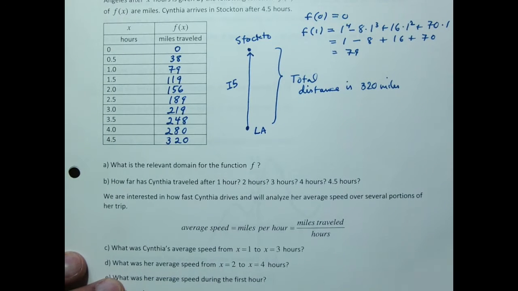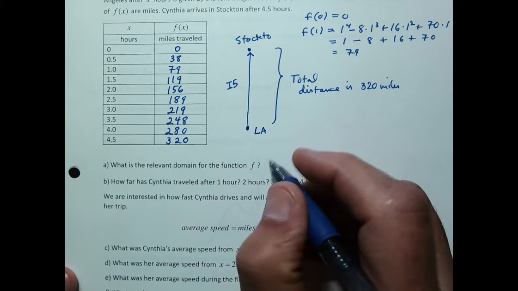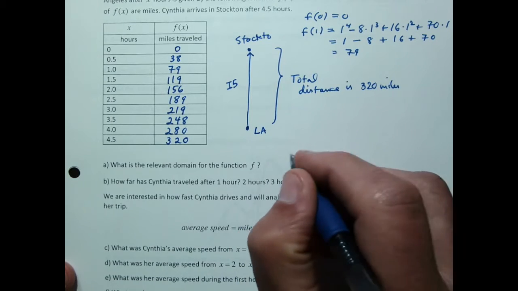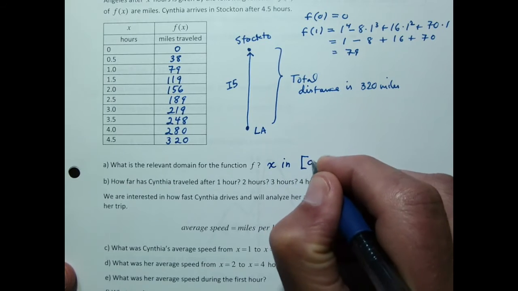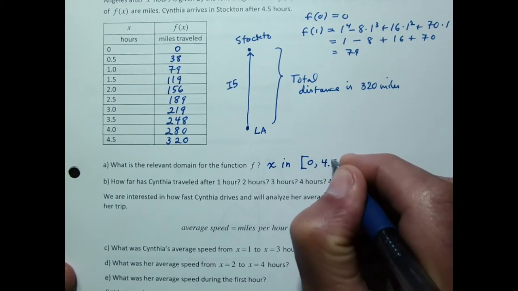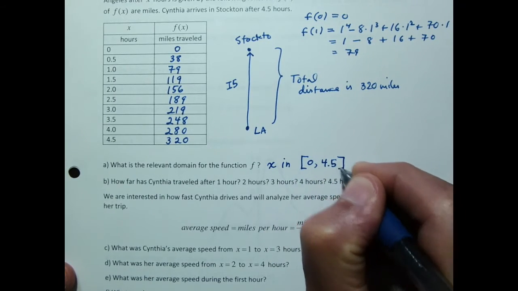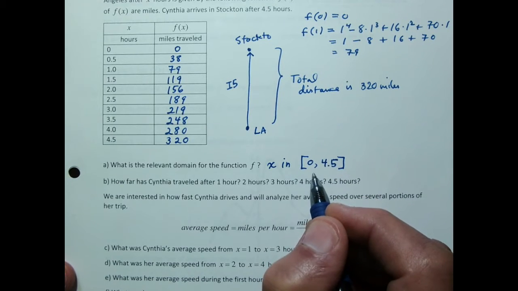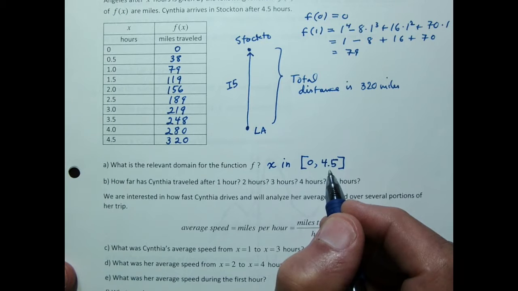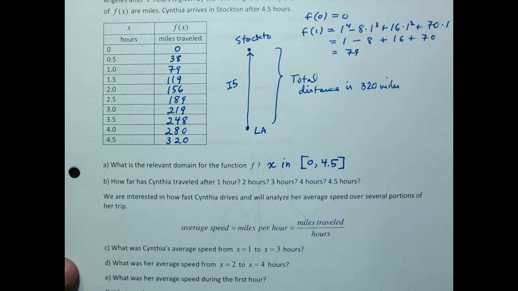The first question is, what's the relevant domain for the function f? And it's just values of x in the interval from 0 to 4.5. It doesn't make sense to go beyond that. Certainly negative numbers make no sense. And at 4.5 hours, Cynthia arrives in Stockton.